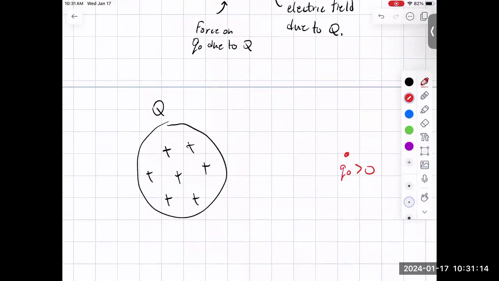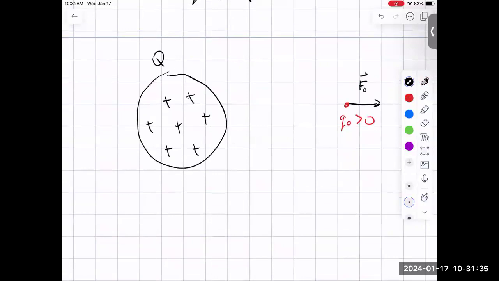Then we're going to have a repulsive interaction between these two, like positive charges are going to repel one another. F0 would be the force. And if I divide by Q0, we would know that E would be F0 divided by Q0.